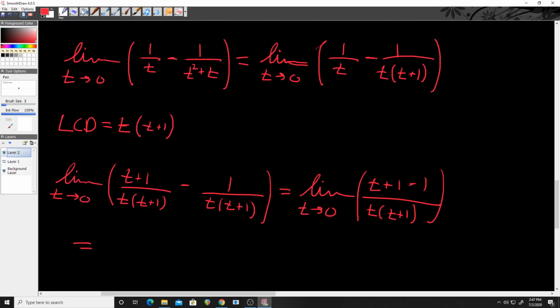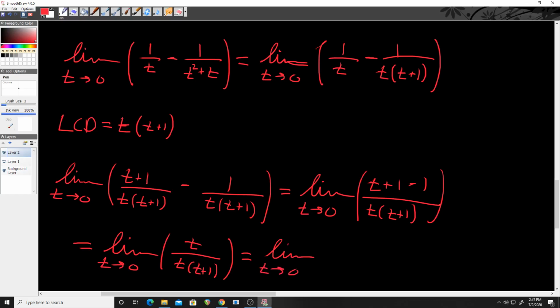And now plus 1 minus 1 goes away. Limit as t approaches 0 of t over t times t plus 1. The t's go away. And we're left with, okay, and again, don't make that silly mistake.